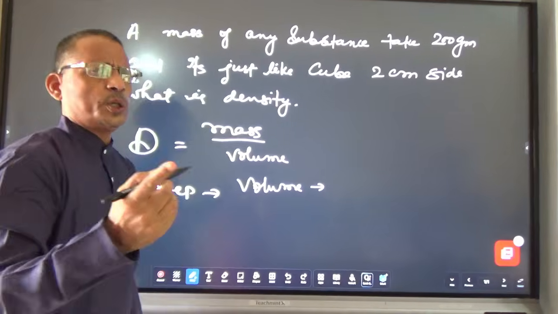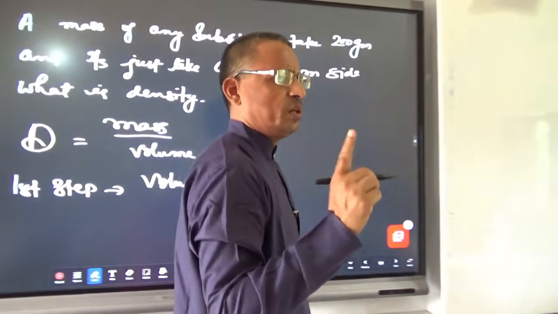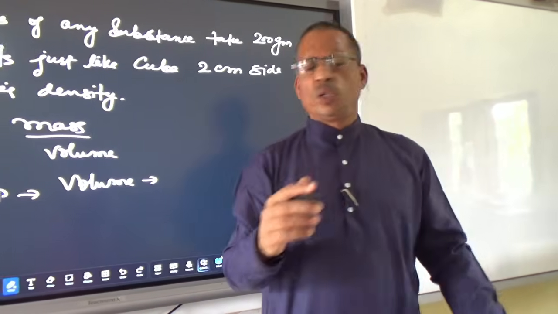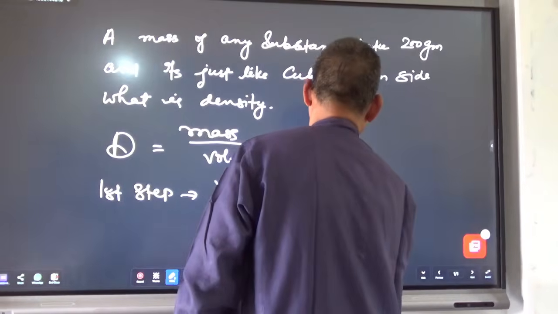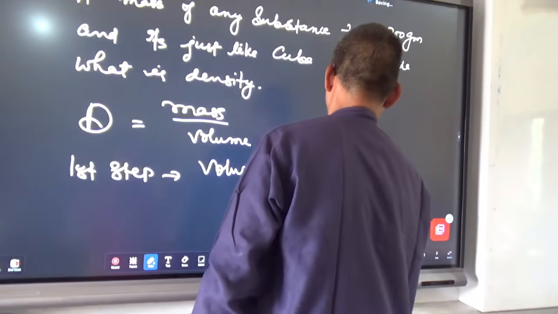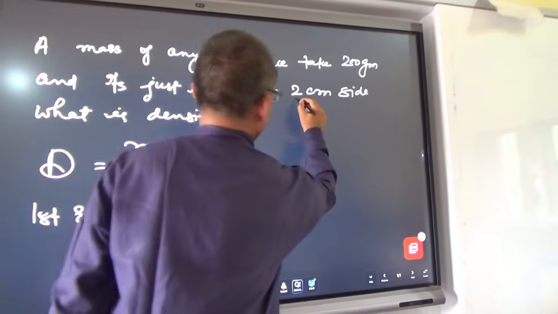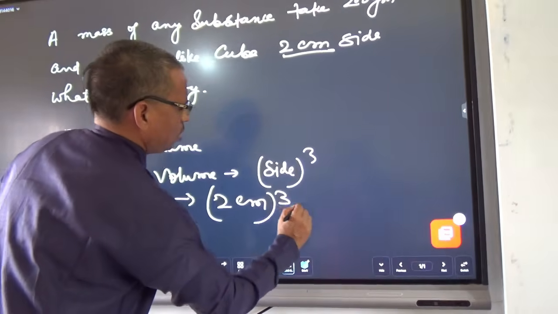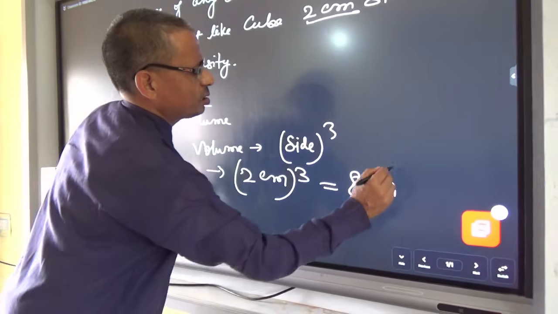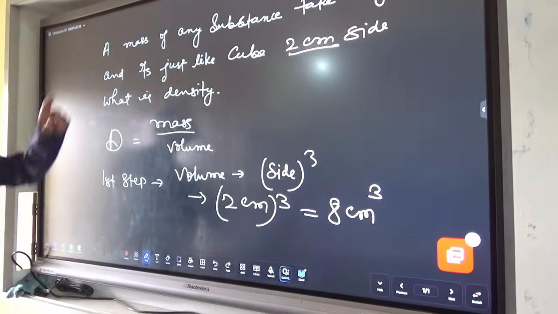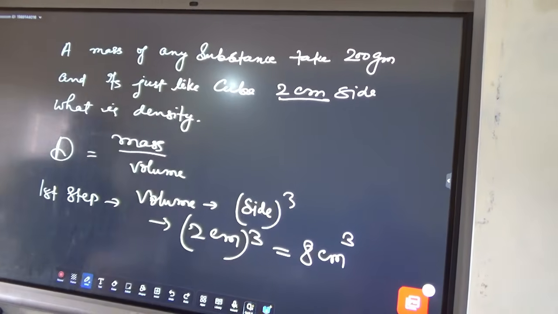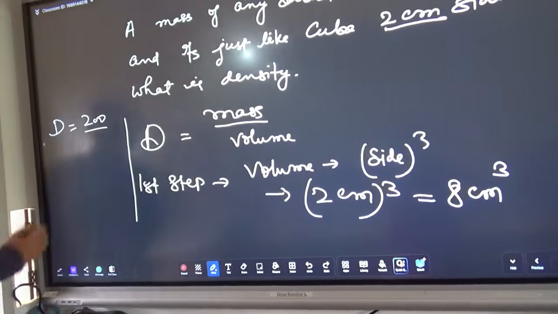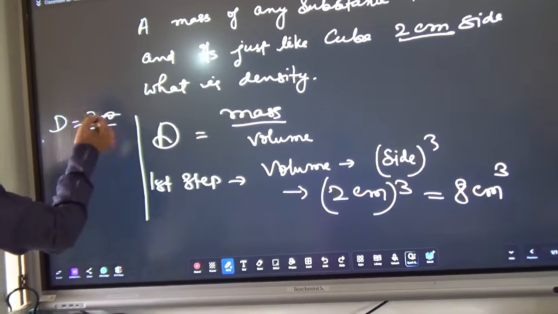So what is the volume of a cube? The cube's volume is side to the power of 3. Given 2 centimeters, so we get 2 centimeters cubed, which is 8 cubic centimeters. And the mass is already there, 200 grams. So density equals 200 by 8.